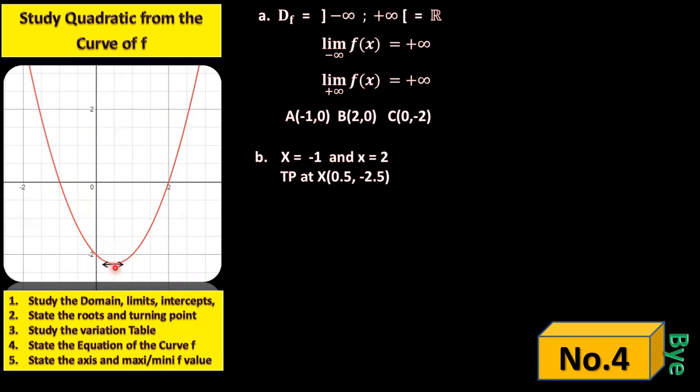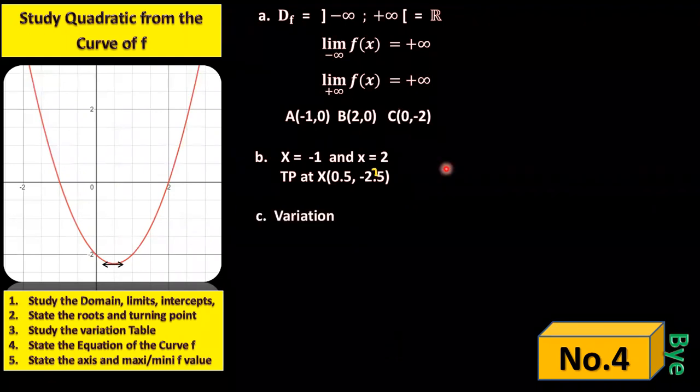And we have a turning point here when x is equal to, since this is 1, normally a half. When x is 0.5 and y is equal to -2.5, all right, -2.25 rather. So here it's supposed to be -2.25, not -2.5. Okay, -2.25.